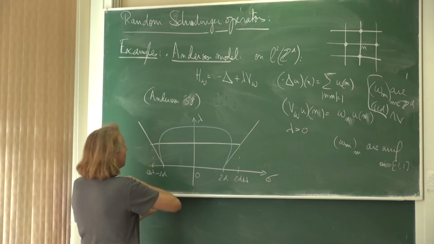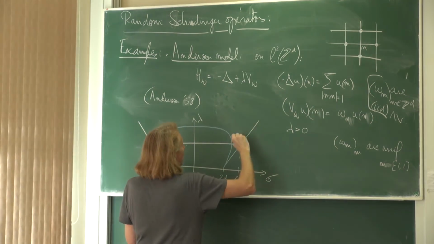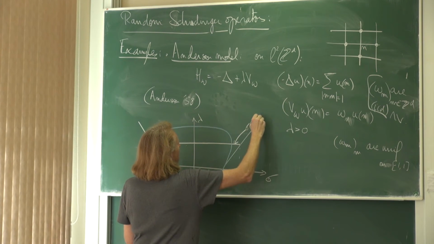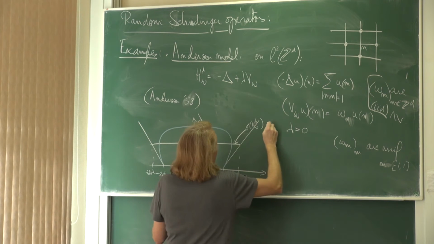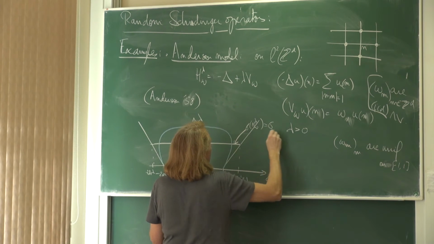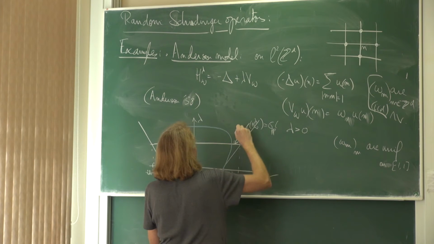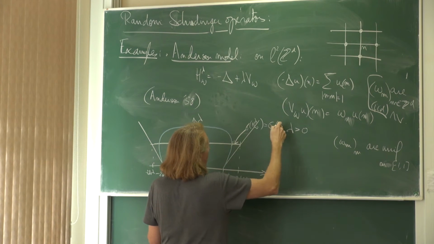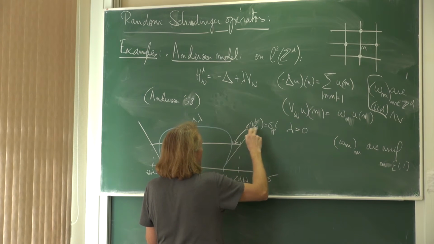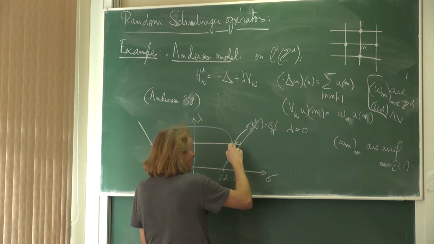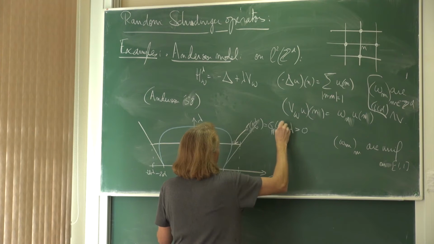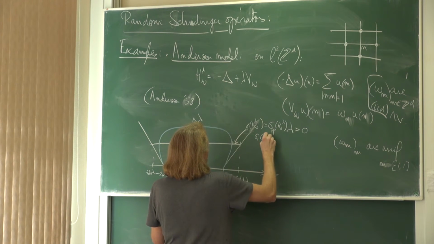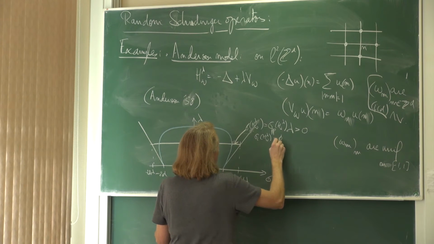Well, for this given lambda, and that's conjectural, the spectrum of H omega lambda is equal to the pure point spectrum inside this interval I. I write it in this way, but it means that you intersect: you take the spectrum in here and intersect it with this interval. And sigma continuous of H omega lambda is empty.